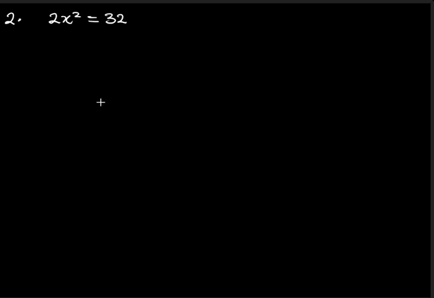Okay, let's proceed to number 2. Solution: 2x squared equals 32. Now, there's an understanding that we need to get from this question. We need to understand that the square here is touching only x.